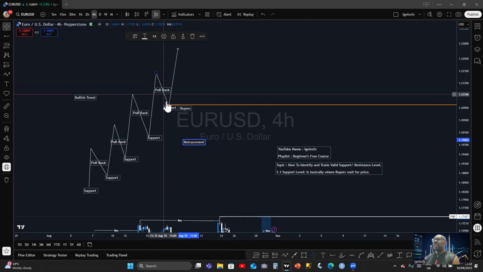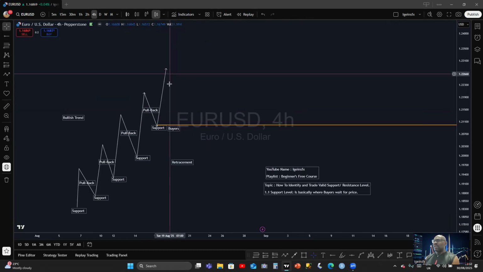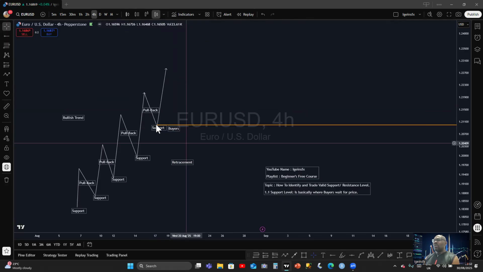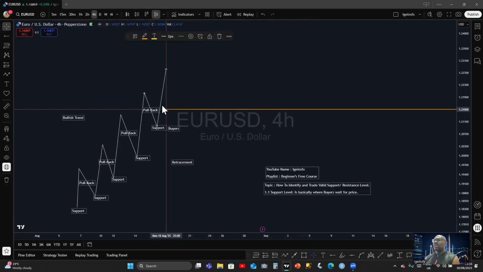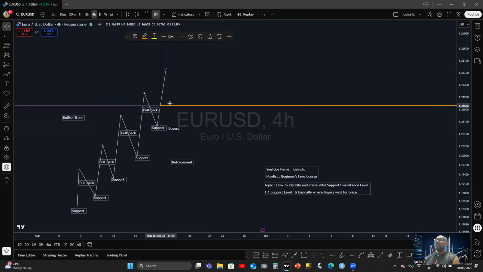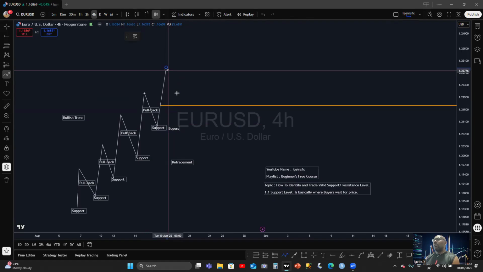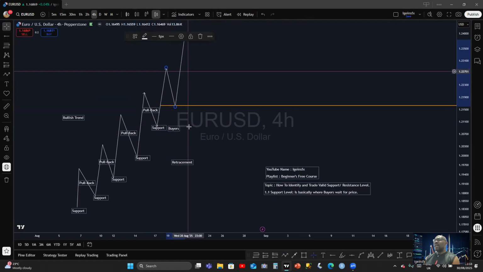So at this point now, buyers will come here and wait for price. Okay, let's use this one as an example. Buyers will now come, wait here, knowing fully well that this high has been created, price will come back to this point before it pushes again and creates another high.